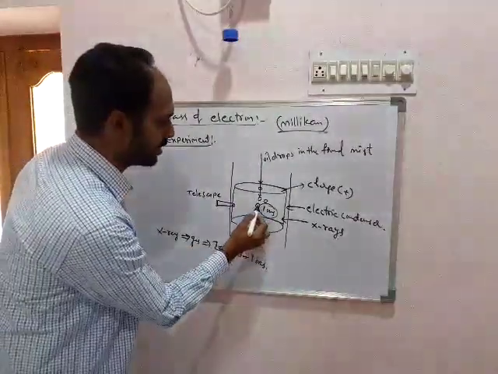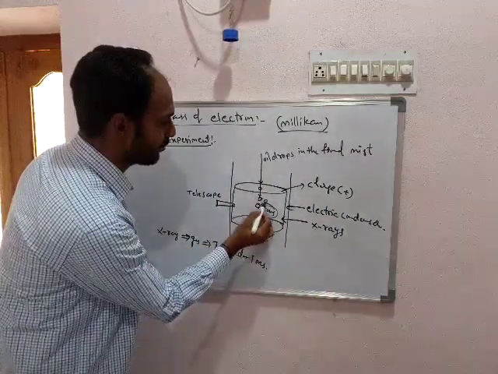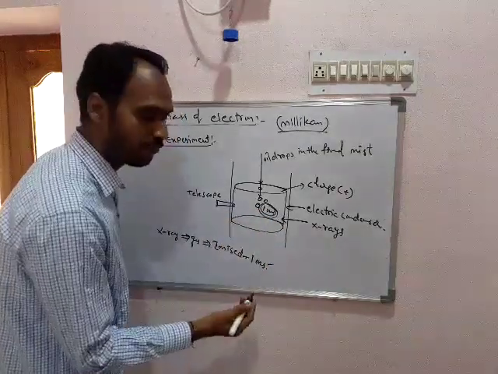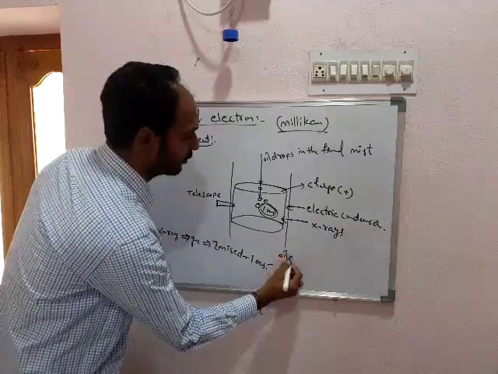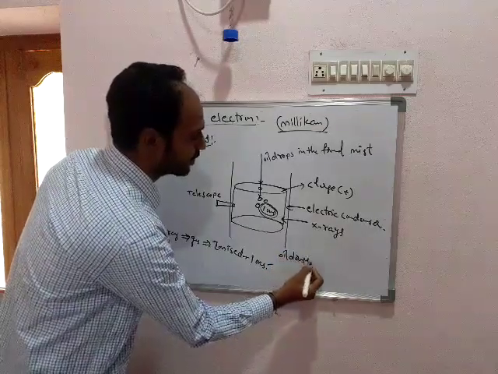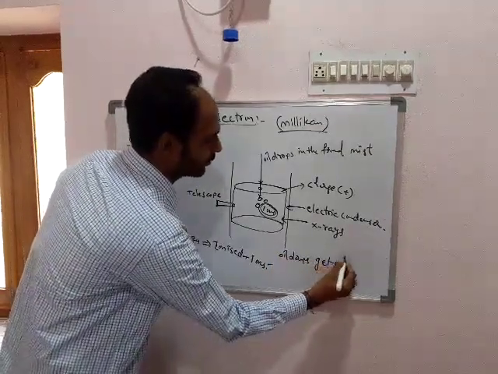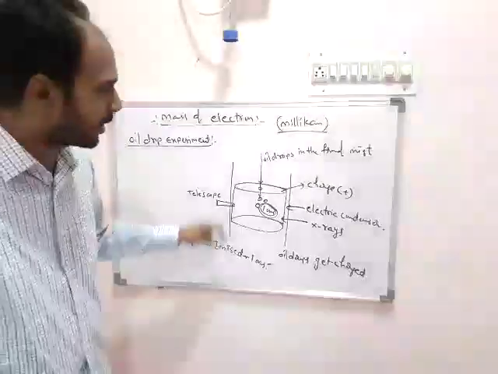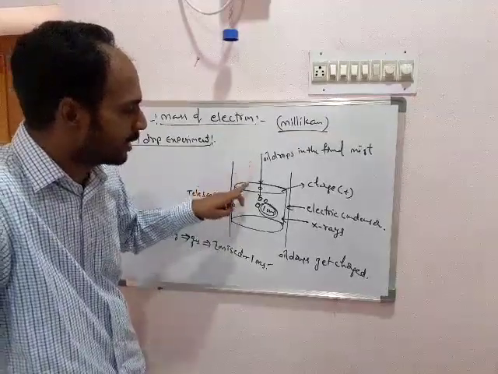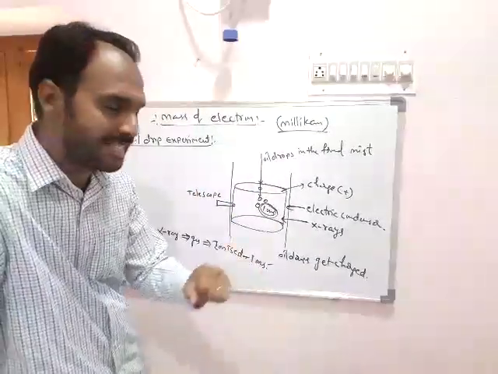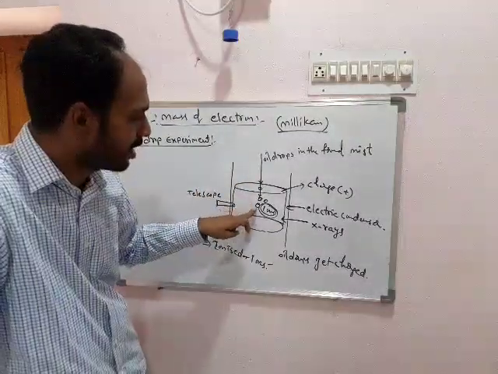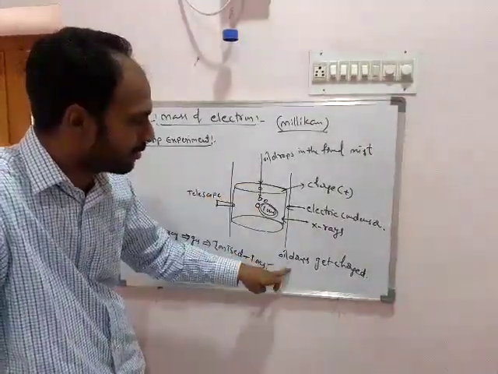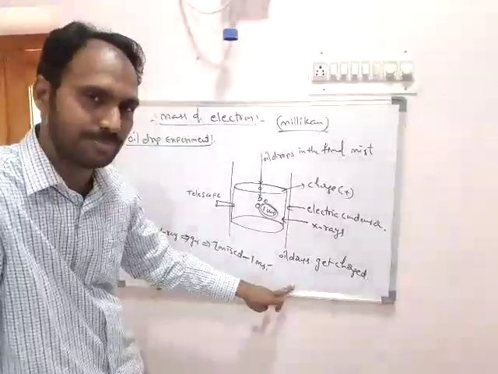Due to that collision between the oil drops and the ions, the oil drops get charged. So the neutral oil drops become charged due to the collision with the ions present in the chamber. So now the oil drops have become charged oil drops.